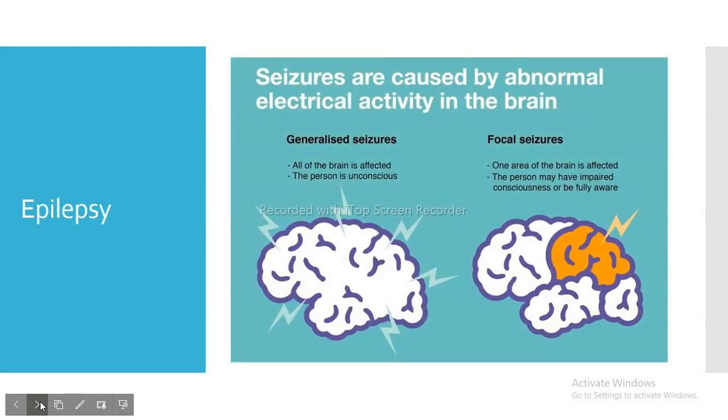So what is epilepsy? Epilepsy is a central nervous system disorder in which brain activity becomes abnormal, causing seizures or periods of unusual behavior, sensation, and sometimes loss of awareness.